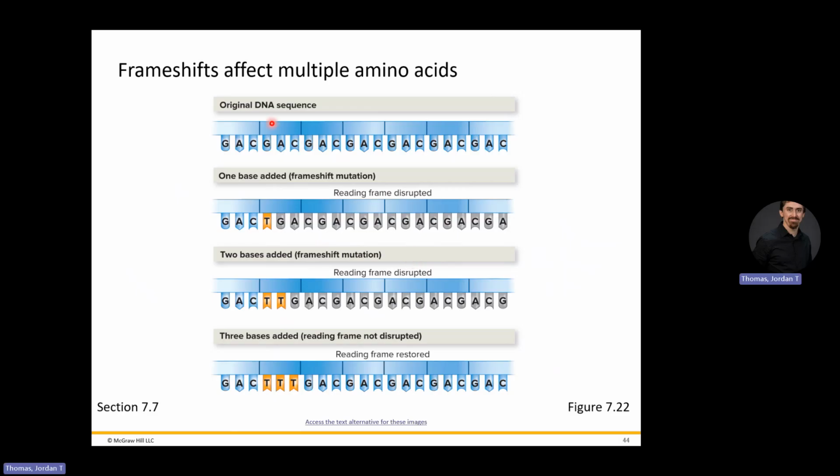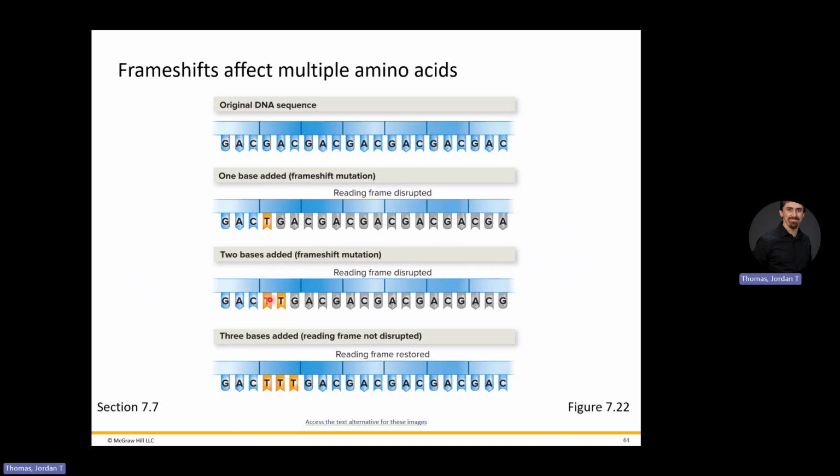So this is the original DNA here. So you can see if we, between the C and G, add a T, this whole reading frame changes. The reading frame is every 3 nucleotides. So instead of CAG, we get TGA. Instead of GAC next, we get CGA. So all these nucleotides are shifted and changed.